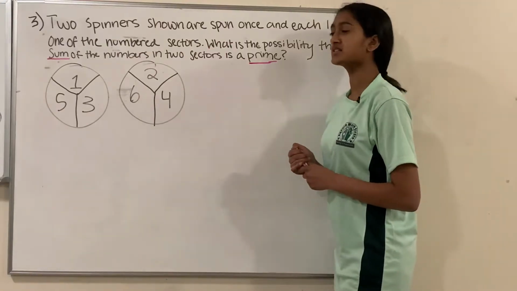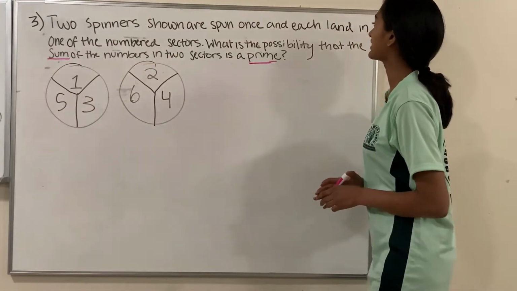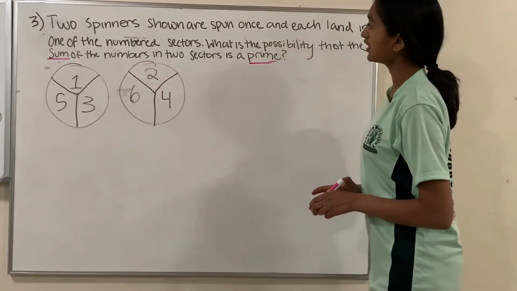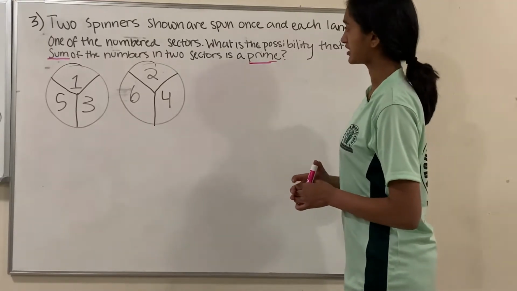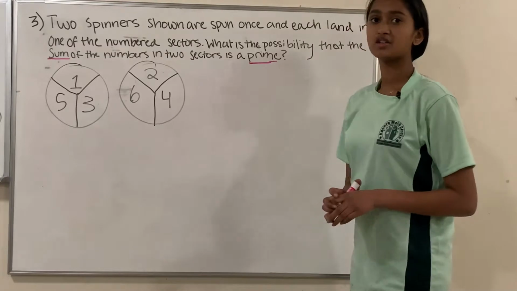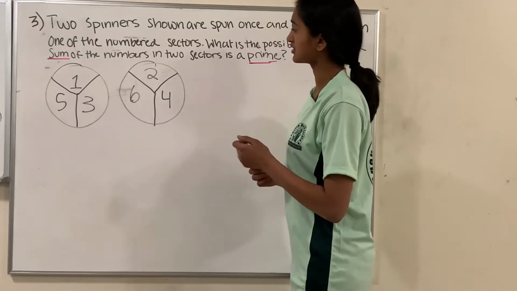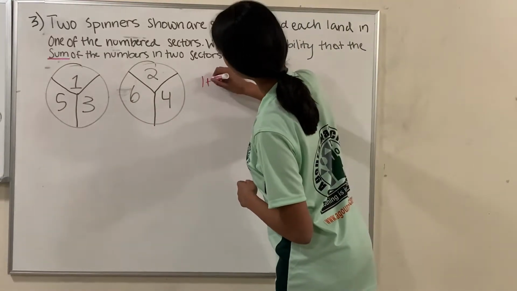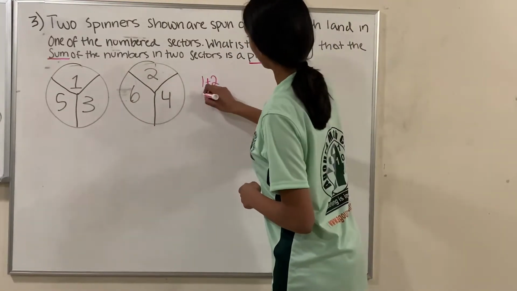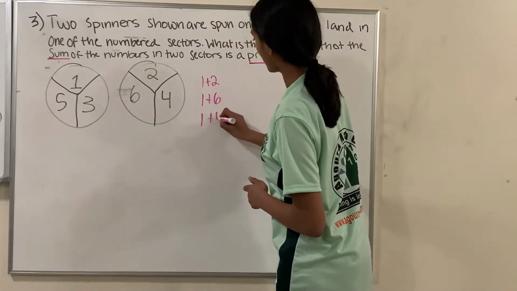The next problem is: 2 spinners are spun once and each land in one of the numbered sectors. What is the probability that the sum of the numbers in the 2 sectors is a prime? So in order to do this, we have to add up the possibilities for all the sectors. First we're going to do 1 plus 2, 1 plus 6, and 1 plus 4.